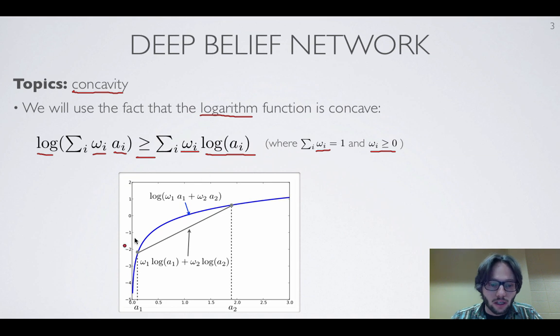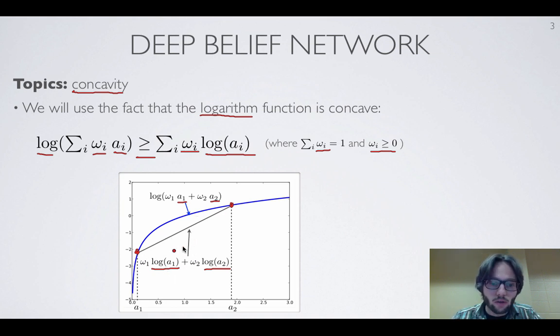So visually, if we had two numbers, a1 and a2, then what this would correspond to is the weighted average between the log of a1 and the log of a2, which corresponds to this line here. So log of a1 is here, log of a2 is here, and any weighted average would fall on the straight line between these two points.